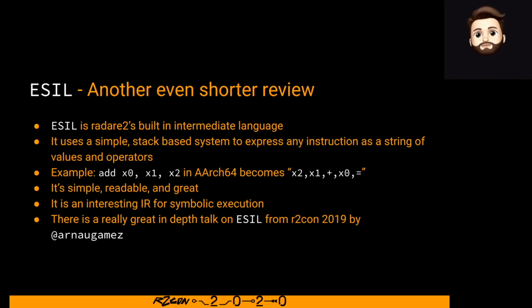So moving on to the actual IR that ESILsolve uses, it's ESIL. It's radare2's built-in intermediate language. It uses a simple stack-based system to express any instruction as a string of values and operators. So add x0, x1, x2, that's an AArch64 instruction, becomes x2, x1, plus, x0, equals.